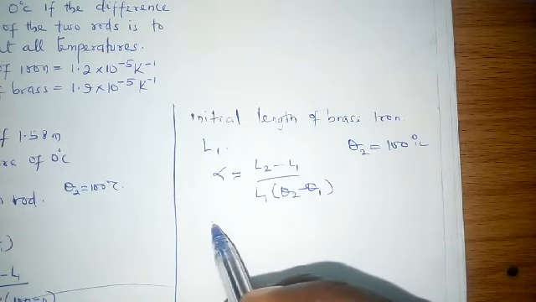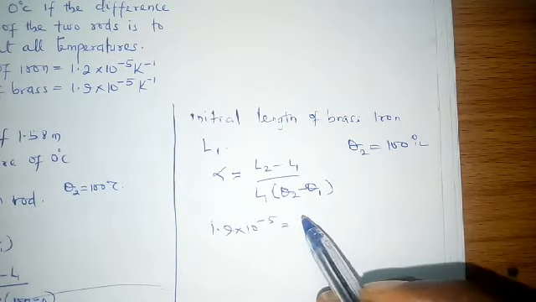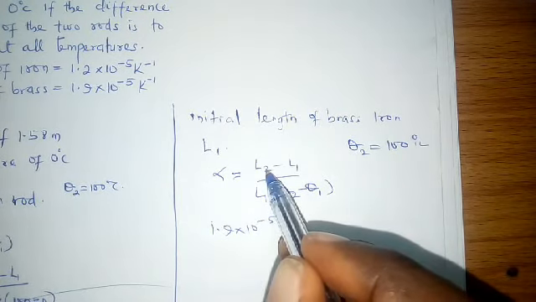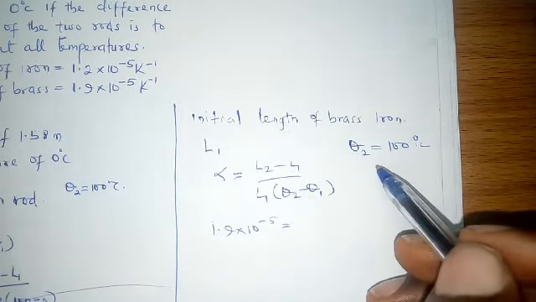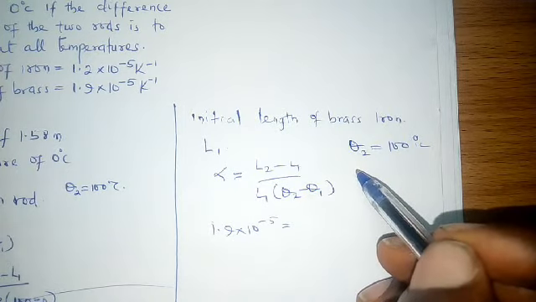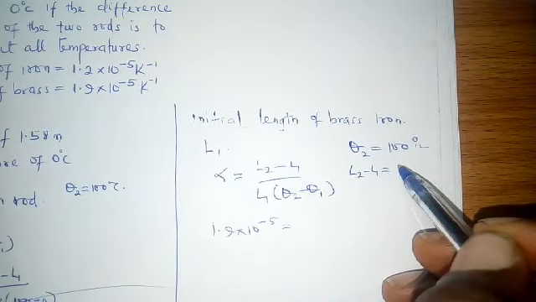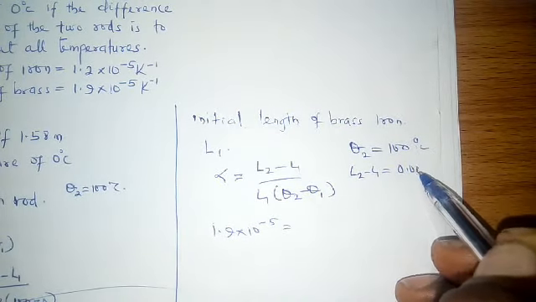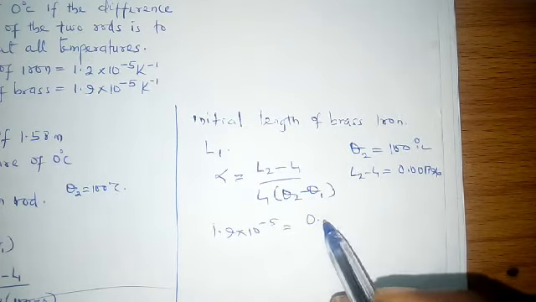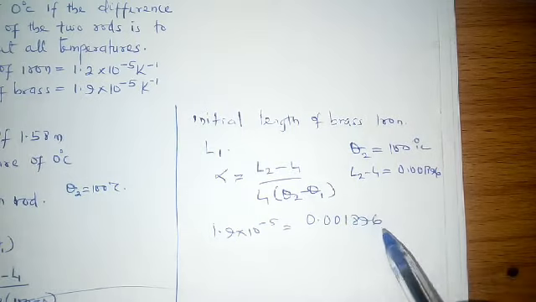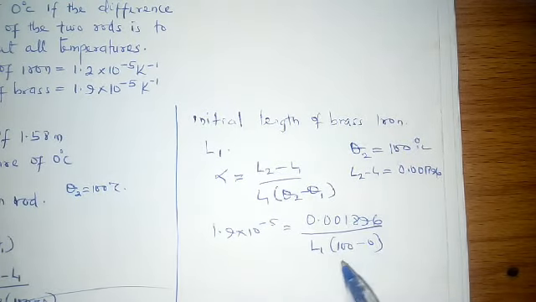So our linear expansivity for brass is 1.9 times 10 raised to the power of minus 5 equals the difference in length, which is the same as the difference in length we obtained from our iron. So L2 minus L1 from our iron material is 0.001896. So we input it here as 0.001896 over the L1, which is unknown, times 100 minus 0 degrees.